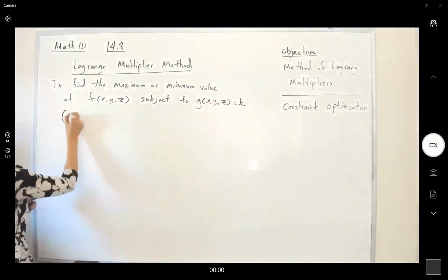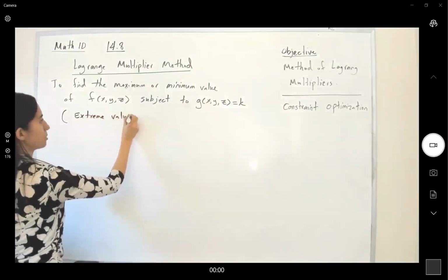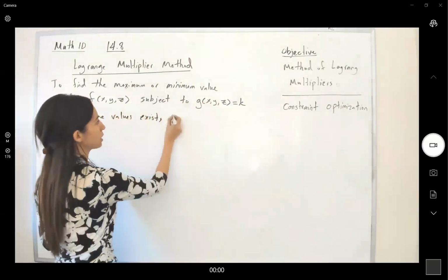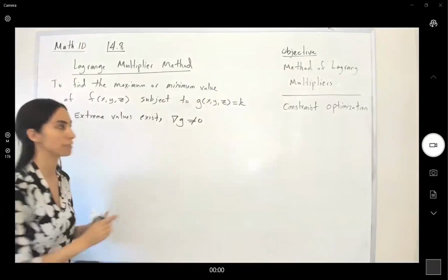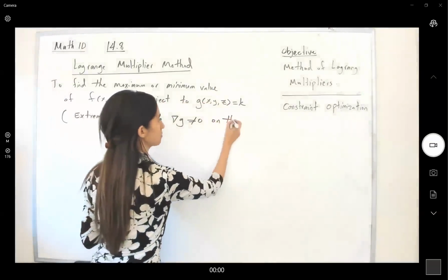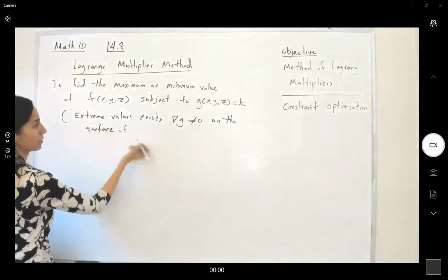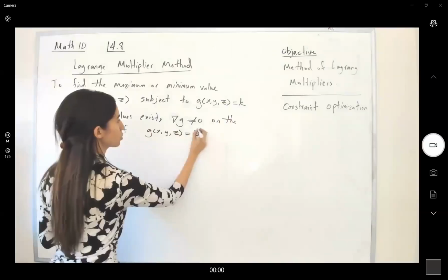Remember that these extreme values exist and the gradient of function g is not zero on the surface g of x, y, z equals k.